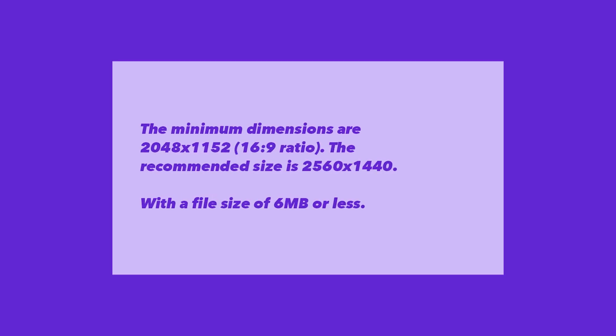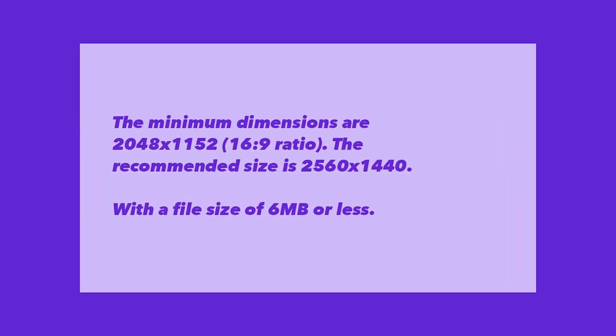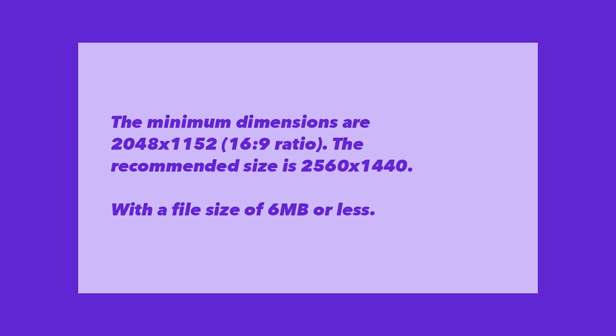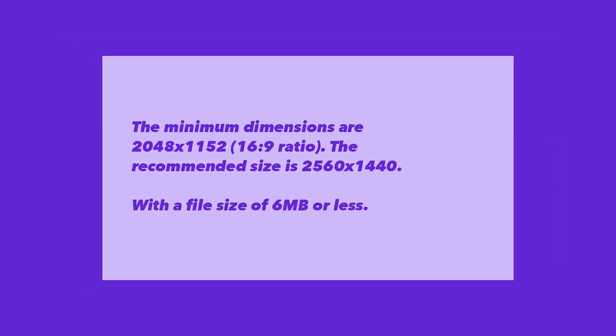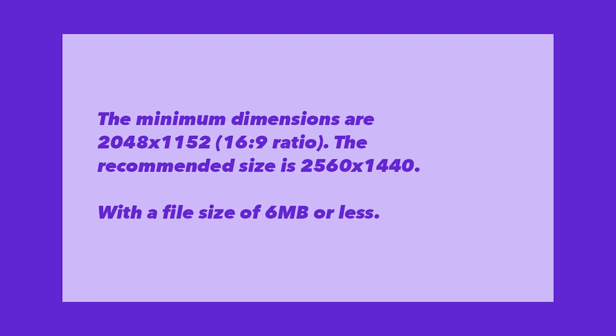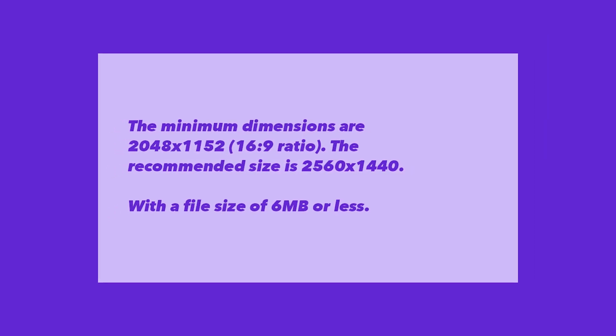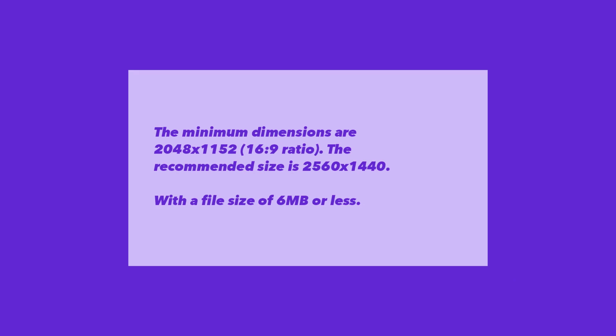You want the main art and messaging to be visible within the text and logo safe area. All devices are guaranteed to see this section. The minimum dimensions are 2048 by 1152, a 16:9 ratio. The recommended size is 2560 by 1440 with a file size of 6 megabytes or less.